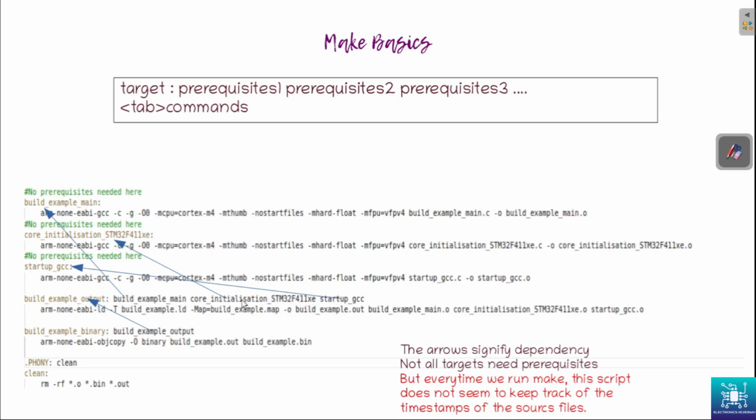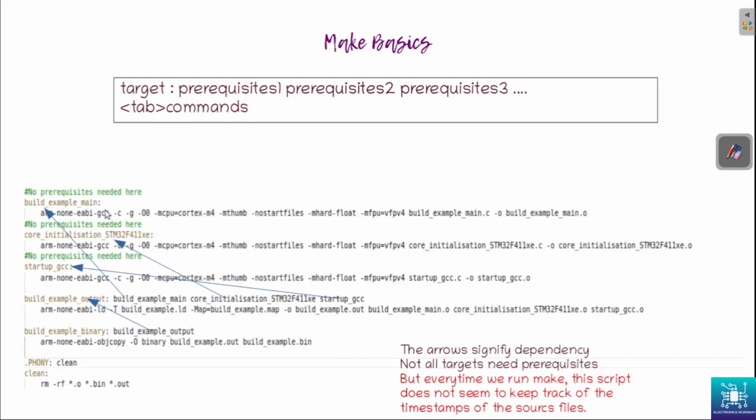So it will not know that this particular file has been changed since the last make process. So we know that the prerequisites have to be file names. Make has nowhere to check the version of, because these files are not created.